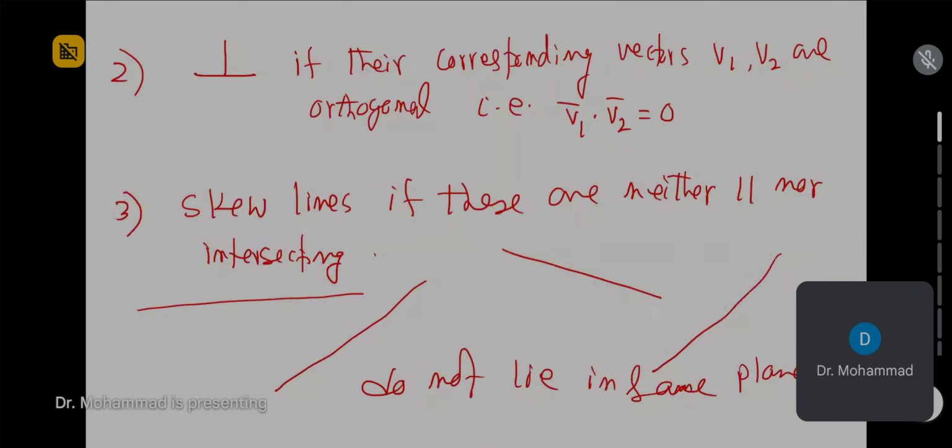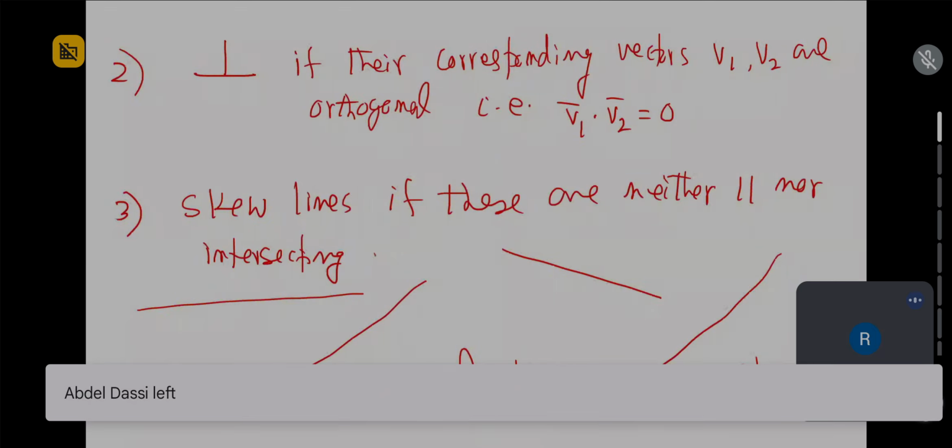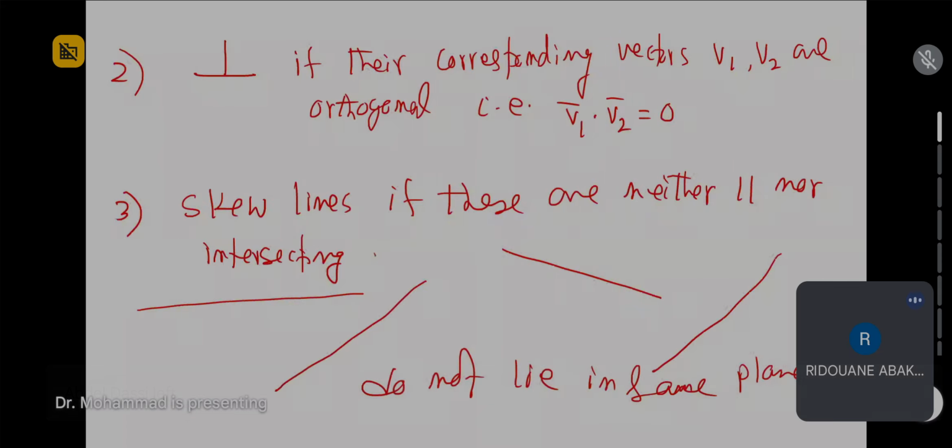Yes, there is a classmate that cannot join the class. Because now it is 8:49, so I don't want to allow them.